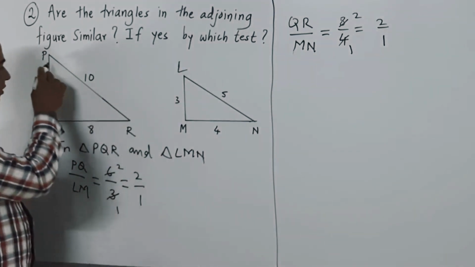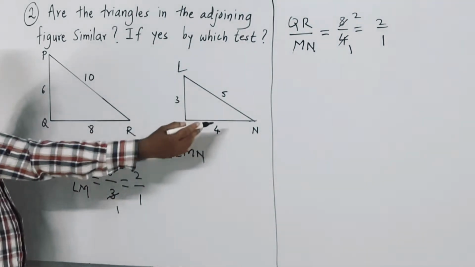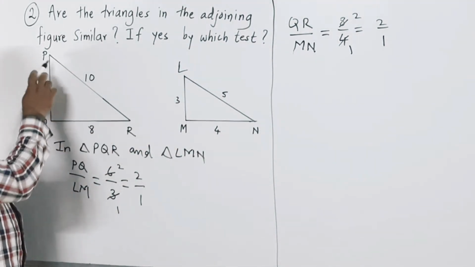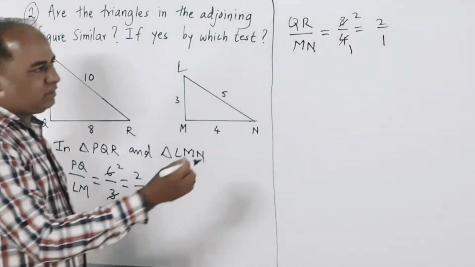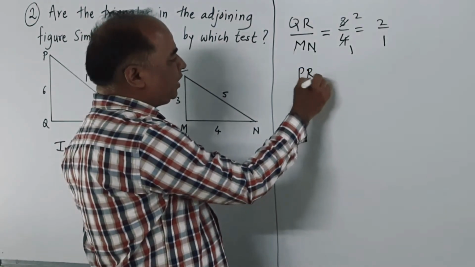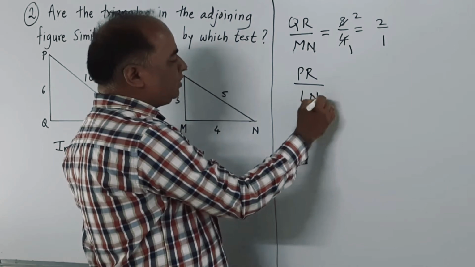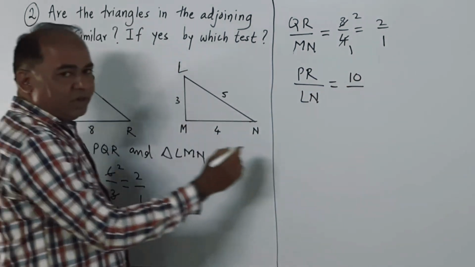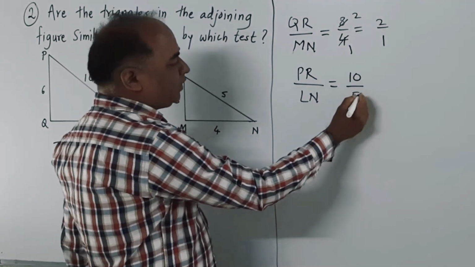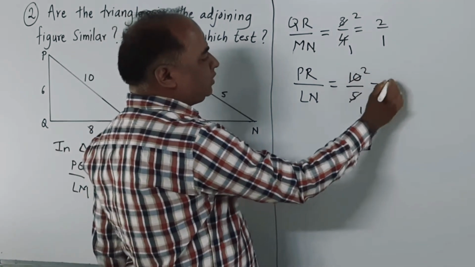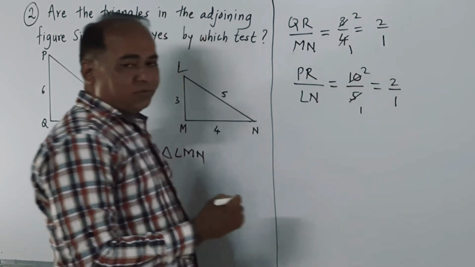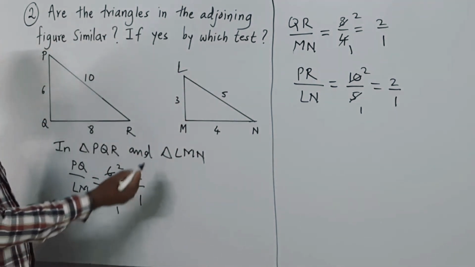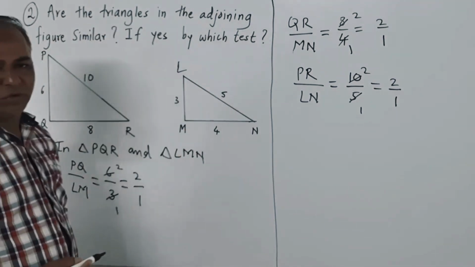And side PR corresponds to side LN, so side PR upon side LN is equal to 10 upon 5, which is 2 upon 1. If you see all three ratios, they are 2 upon 1, 2 upon 1, 2 upon 1.